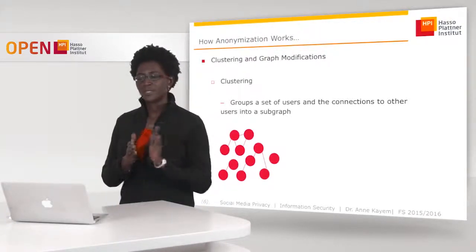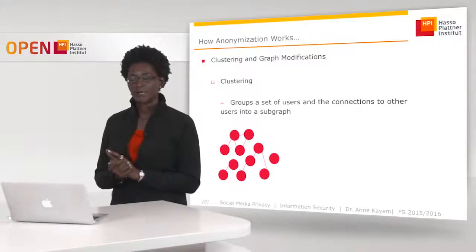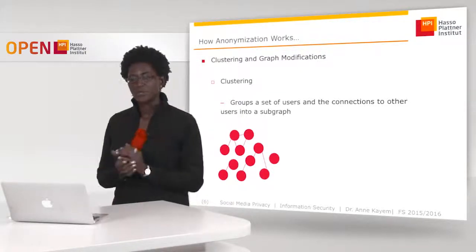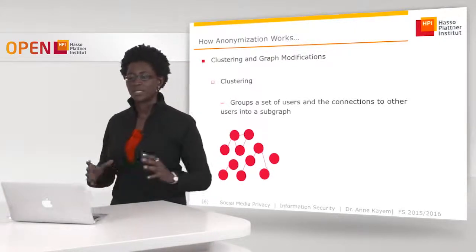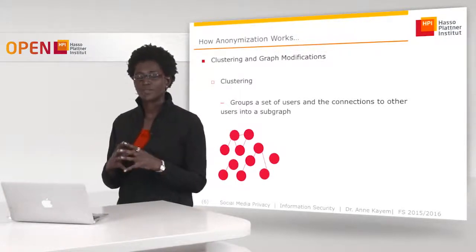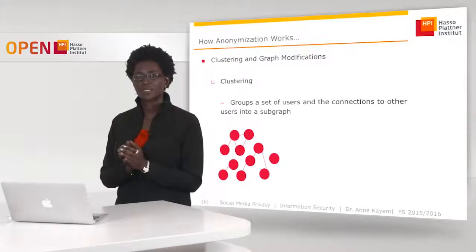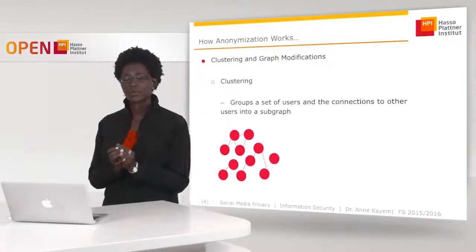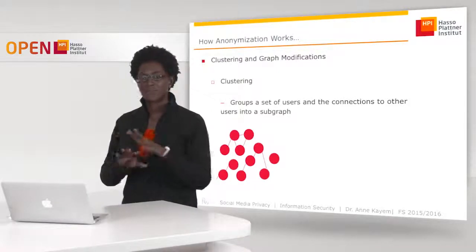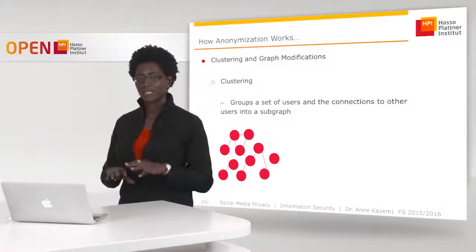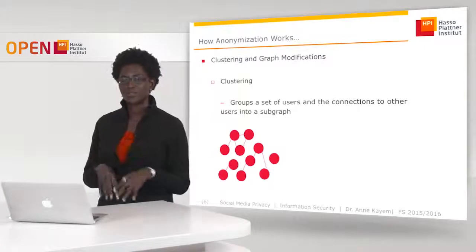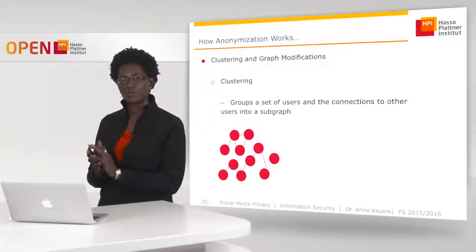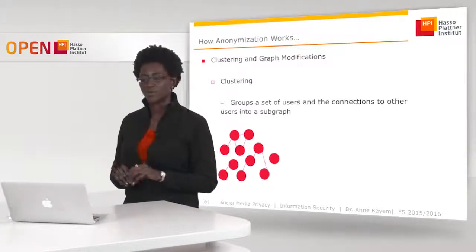So one is clustering and one is the modification of the graph. Conceptually, what clustering does is that it will group together all of the sets of users that you want to have into one single subgraph. So think about, for example, your big group of friends and then the subgroups that you define, for example, for your really close friends and then for your not so really close friends and so on, okay?